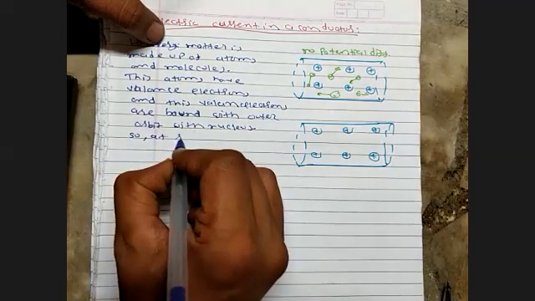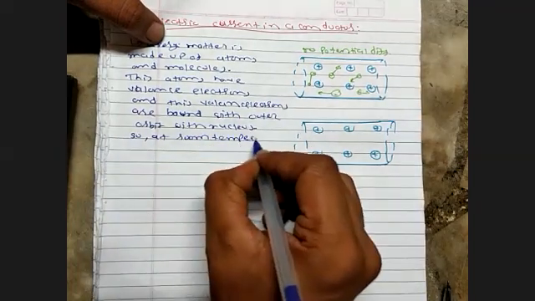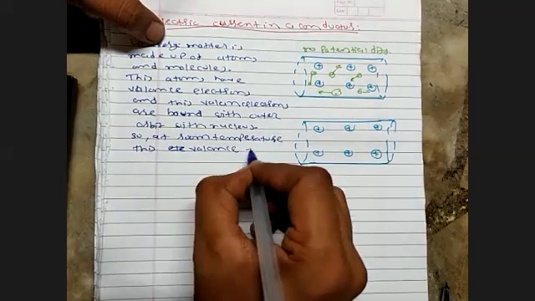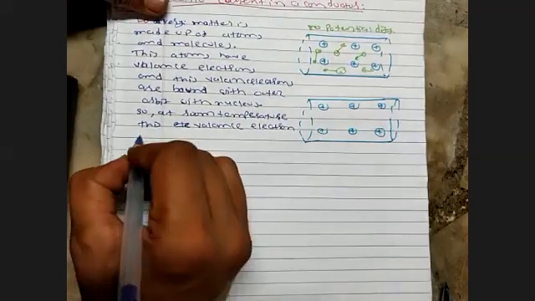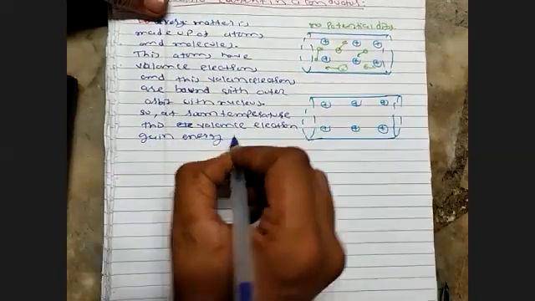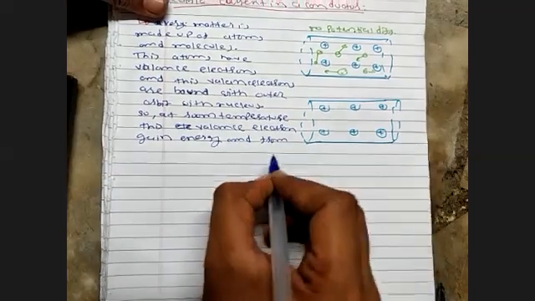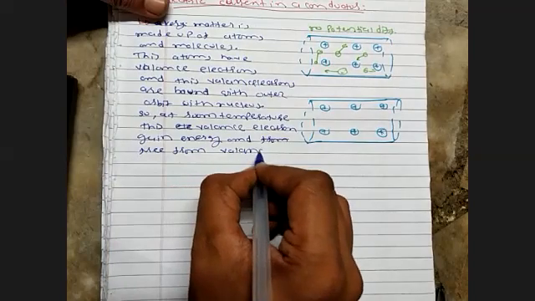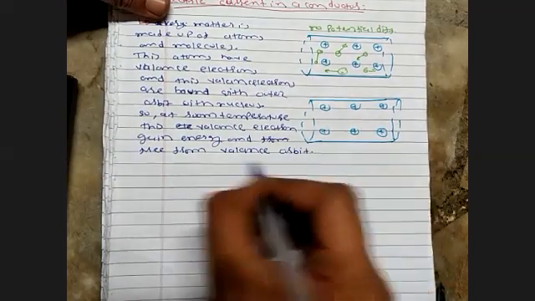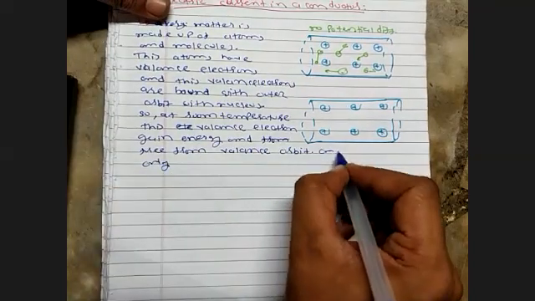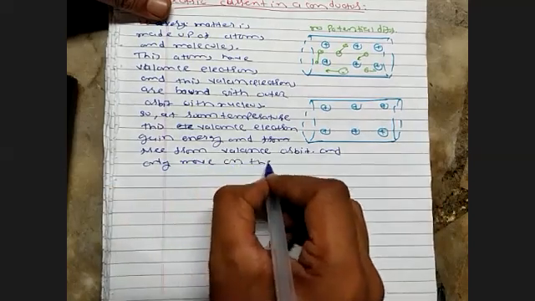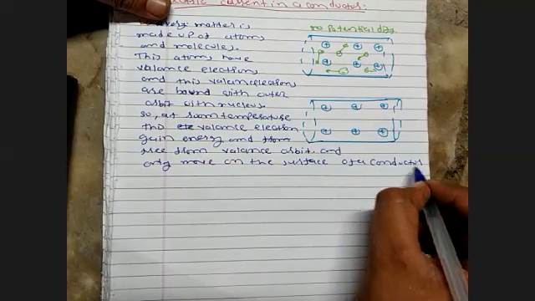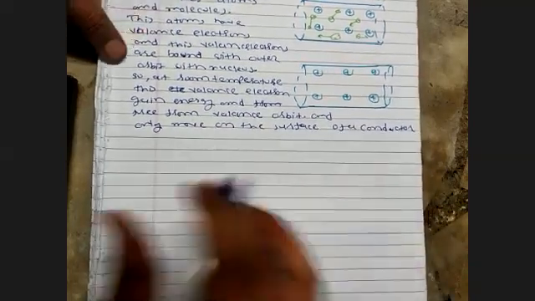So at room temperature, this valence electron gains energy, frees itself from the valence orbit, and only moves on the surface of the conductor.